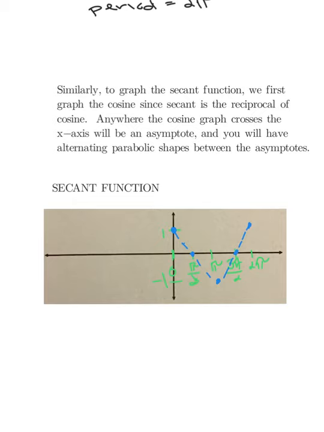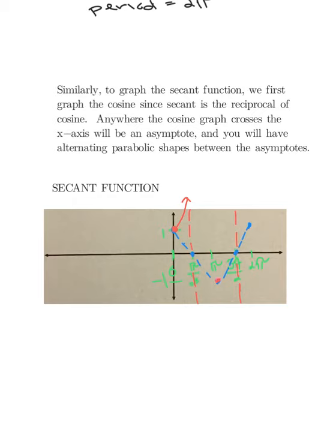So what that means now is that where we were at 0, which is at pi over 2 and 3 pi over 2, we will have vertical asymptotes. For the graph of the secant, we will find our 1, and then instead of going downward, we're going to go upward toward the asymptote.